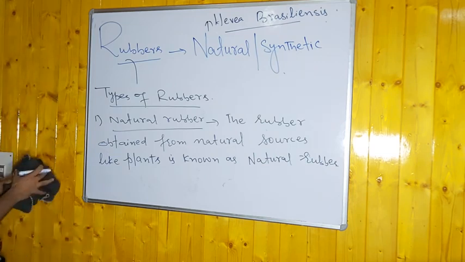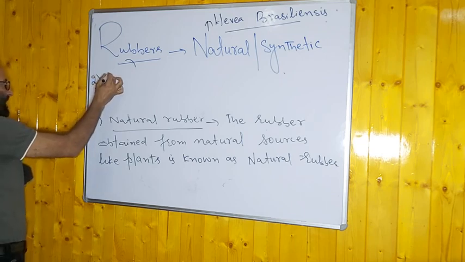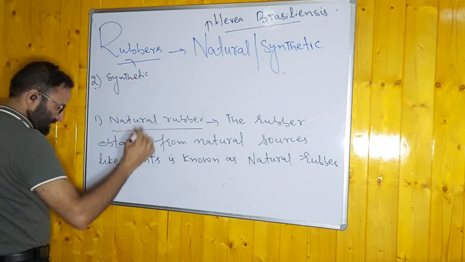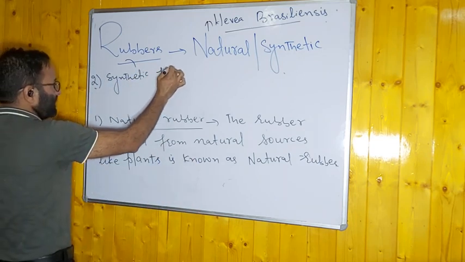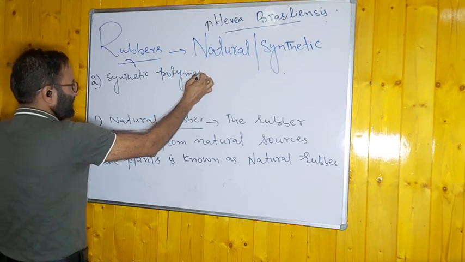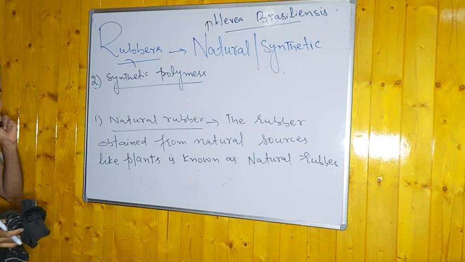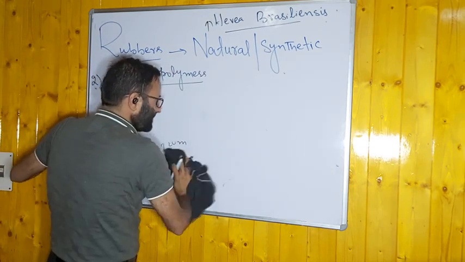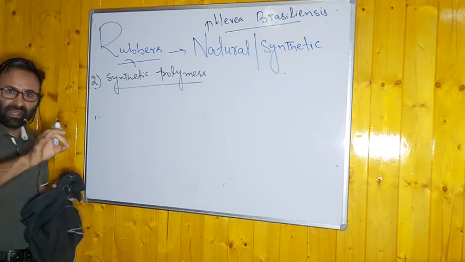The second type is synthetic rubbers. In polymer chemistry, how can we define synthetic rubber? Remember this point. Synthetic rubber is a polymer prepared in the lab.